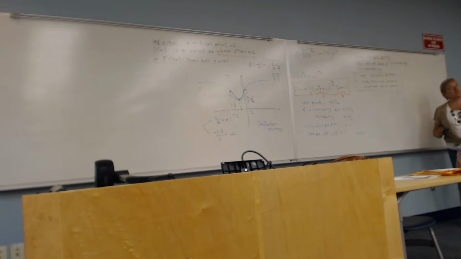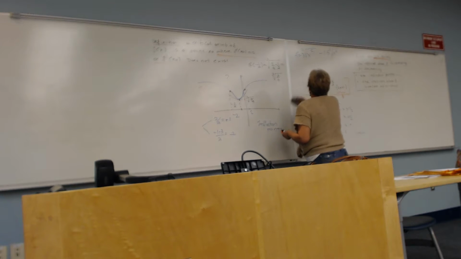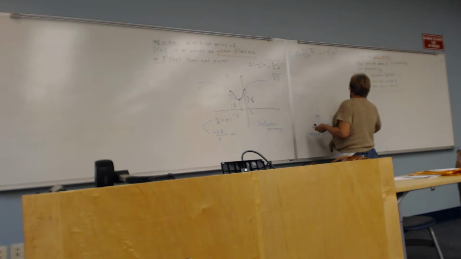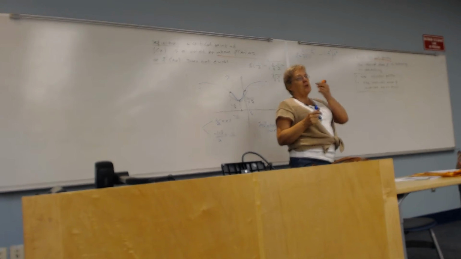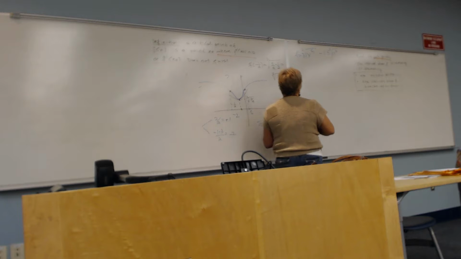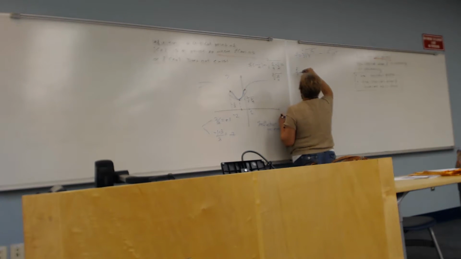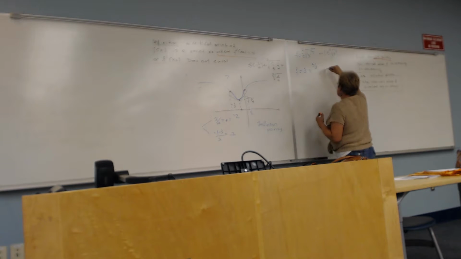For the next functions, we do only increasing or decreasing, etc. First of all, when we see the root symbol, we want to eliminate them, so we have x to the 5/3 minus 15 x to the 2/3.